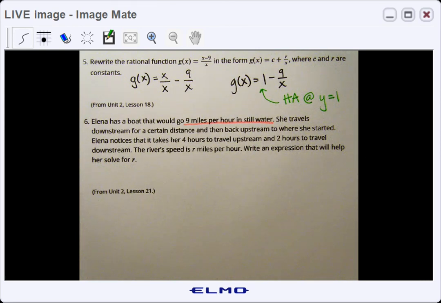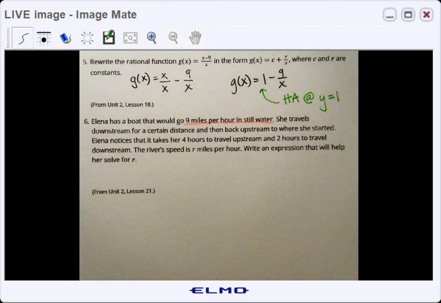So remember, downstream, the speed of the river is making her travel faster for a certain distance and then back upstream to where she started. Elena notices it takes her 4 hours to travel upstream, but 2 hours to travel downstream. The river's speed is r miles per hour. Write an expression that will help her solve for r.